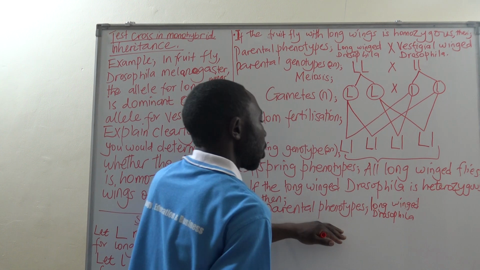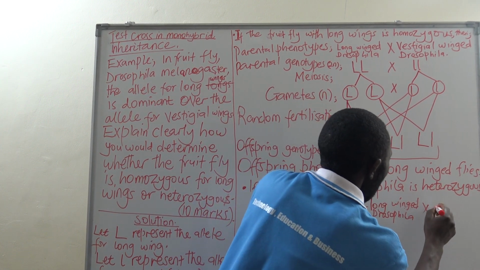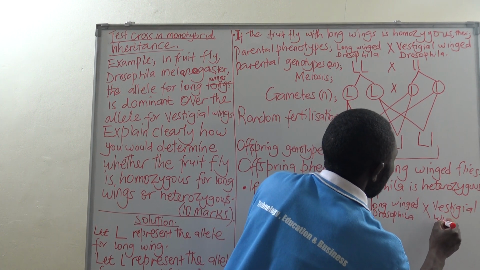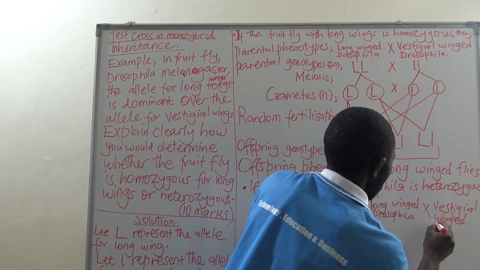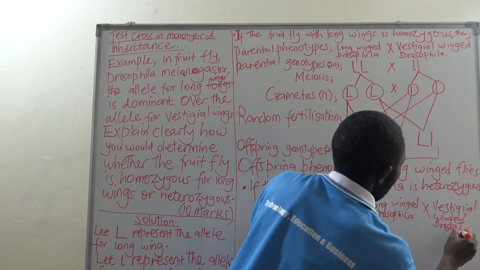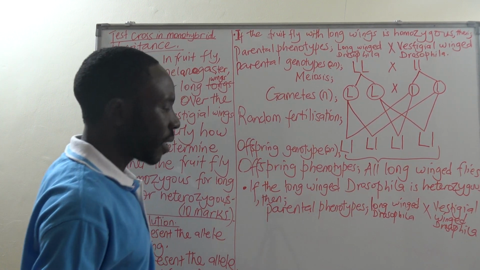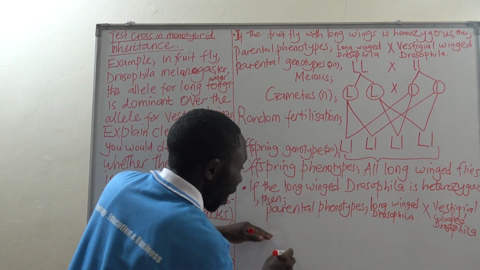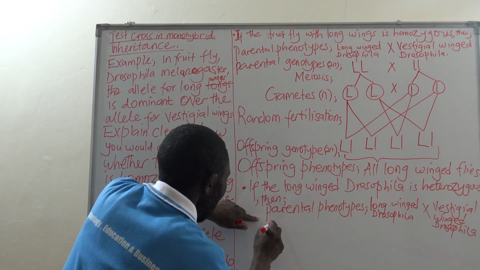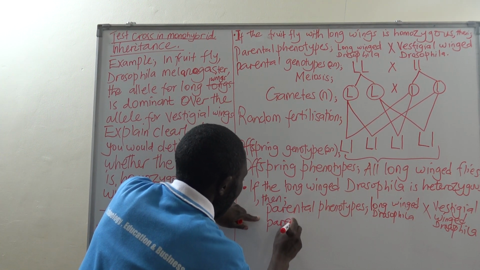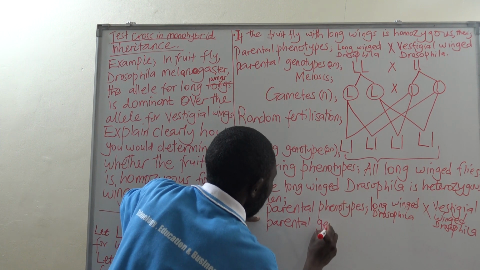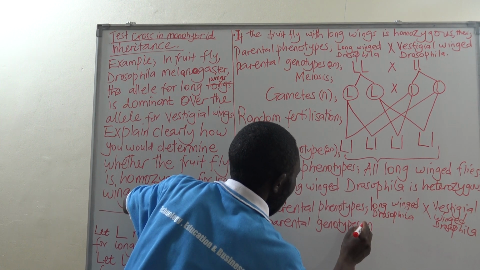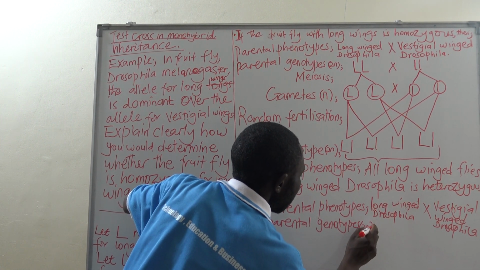We are crossing it with vestigial winged Drosophila. Vestigial winged Drosophila. Then we shall have parental genotypes, which are diploid, that is 2n.